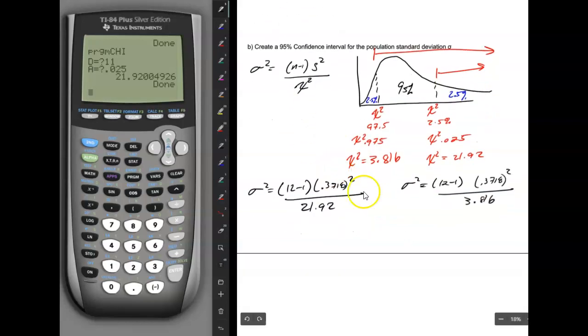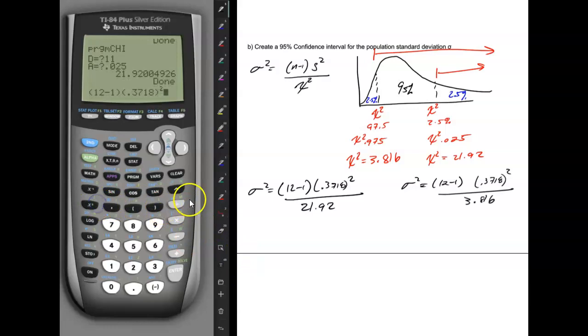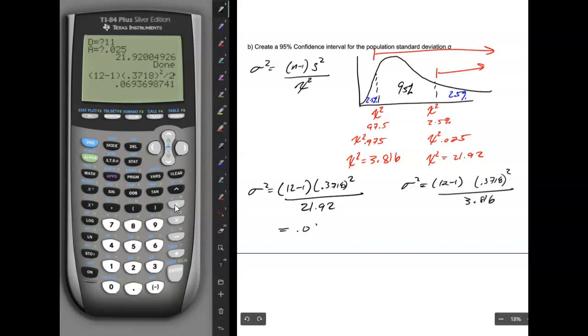So we throw these into our calculator. And this gives me the first value of 0.0694.